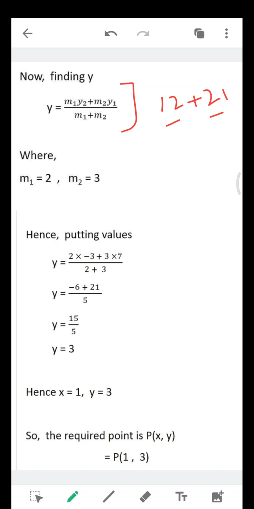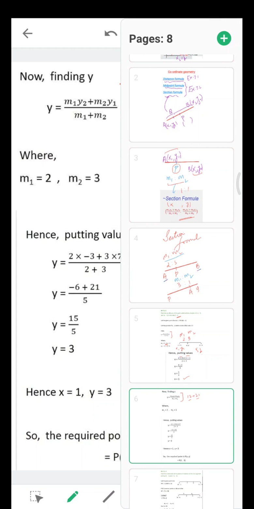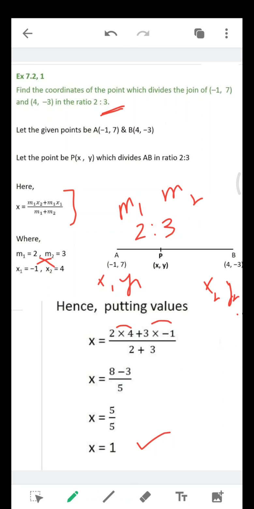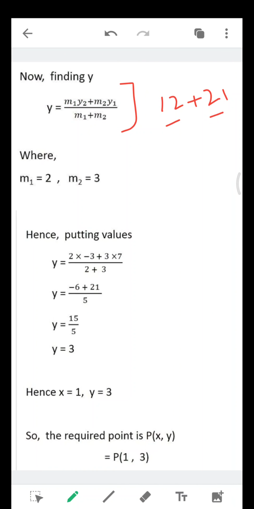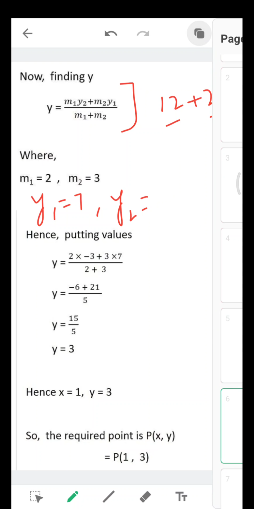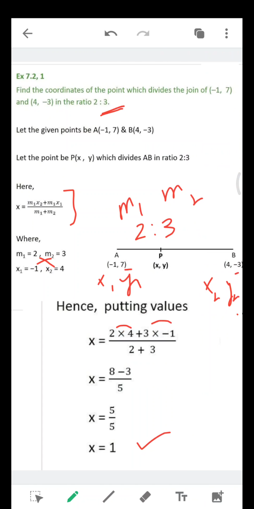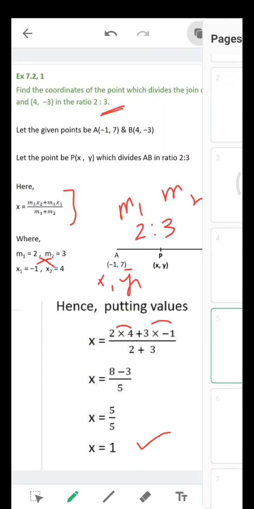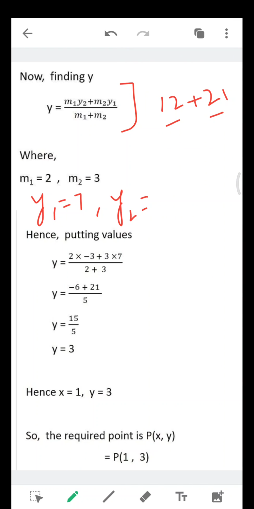Here m1 m2 is 2 and 3, and y1 y2 is 7 and minus 3. From the question or from the figure, y1 is 7 and y2 is minus 3.